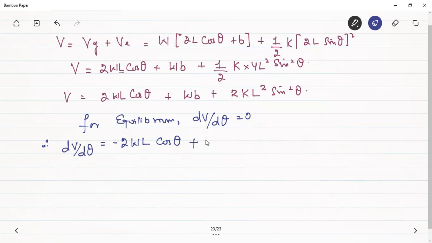Plus 2KL square times the derivative of sine square theta, which is twice sine theta times the internal derivative of sine theta, that is cos theta. So this whole expression has to be 0. From here we can take cos theta to be common.